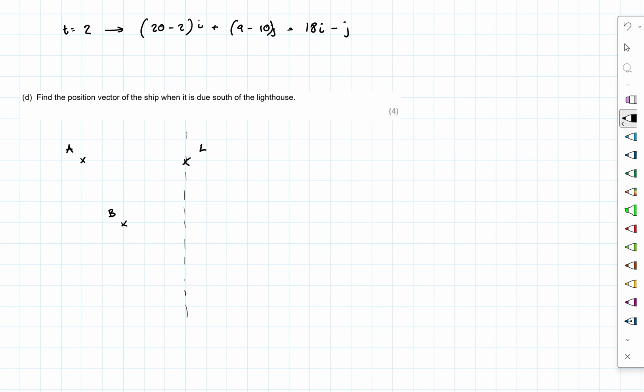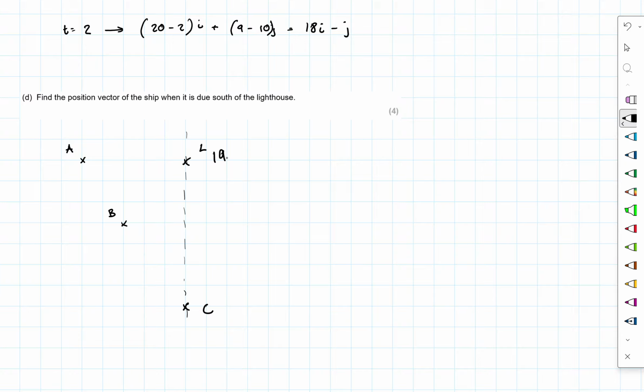It's going to be along that line. Now, this ship is only moving in one line. Its velocity is constant. It's not accelerating in any direction. It's just staying the same velocity. So that means its position vector will progress in a linear way, right? It's not going to curve off to the side here or down here. It will continue going down. So that means we'll end up here, south of L.